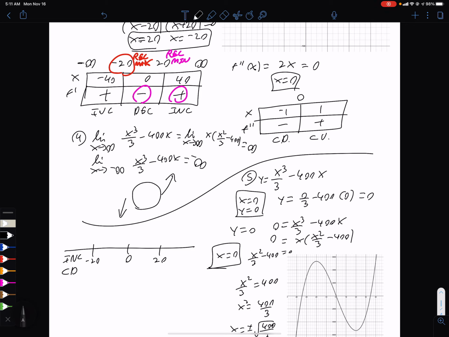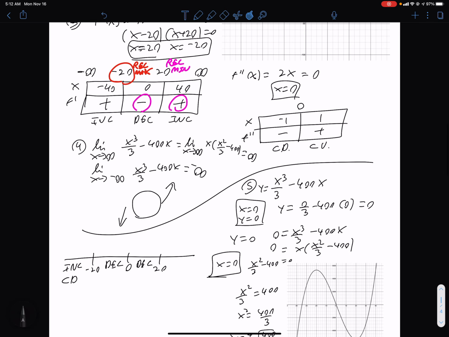Between negative 20 and 20, we have decreasing, right? I'll just go ahead and write that. It's decreasing here. And to the right of 20, it's increasing, right? So I have increasing here. And we know it's concave down left of 0, so that's concave down. Concave up to the right of 0, so we have concave up.